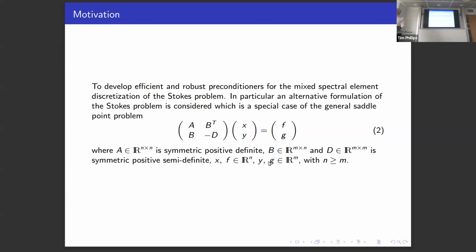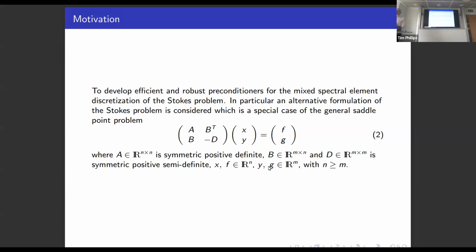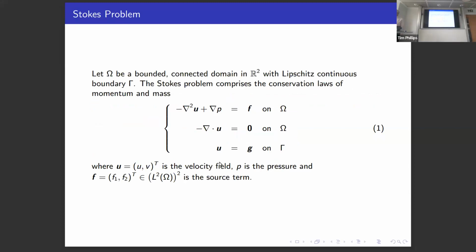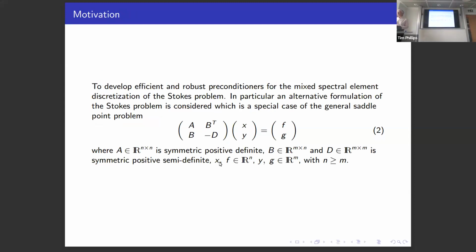You'll see that there is an operator D in the system. For the Stokes problem written in this form, the operator D, or the matrix D, is just a zero matrix.